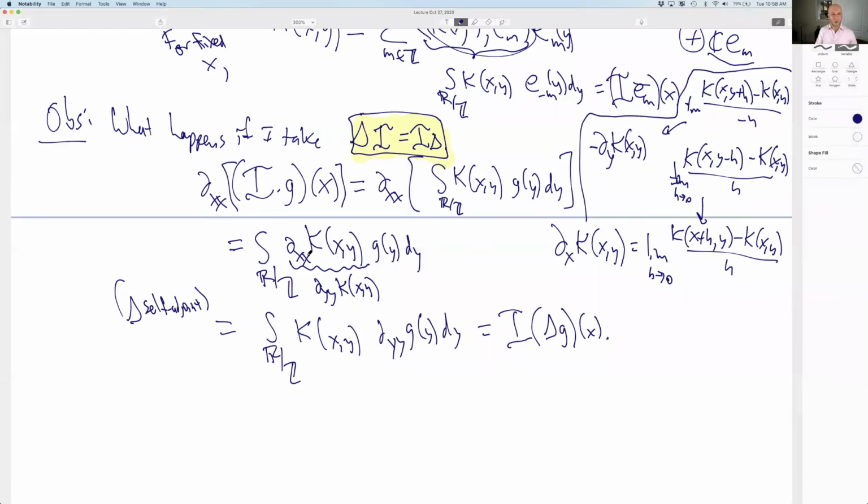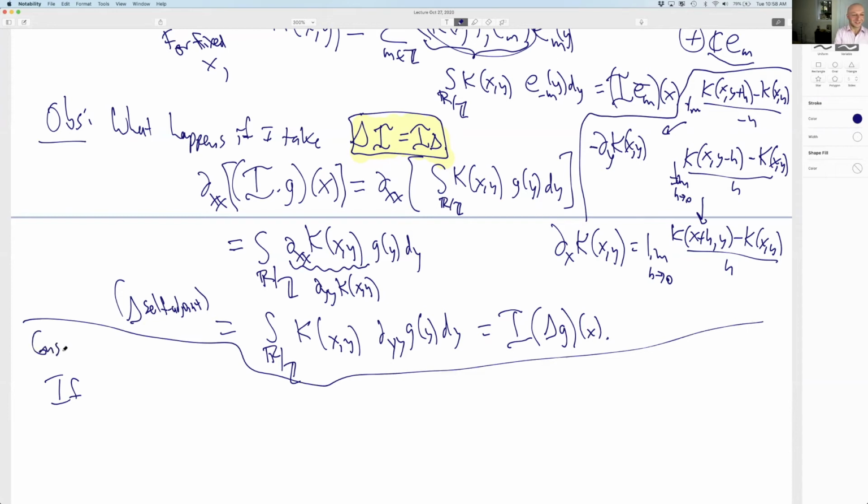So what is the consequence of the fact that these things commute? Suppose you have an eigenfunction. You see, we're taking this inner product, we're taking the integral operator of an eigenfunction. Consequence: if e_m is an eigenfunction of the Laplacian, well, what happens?